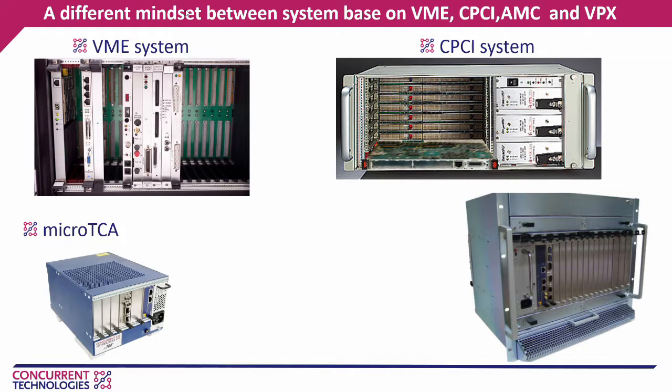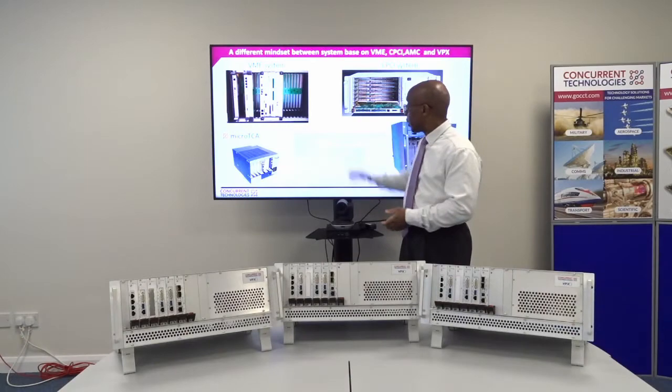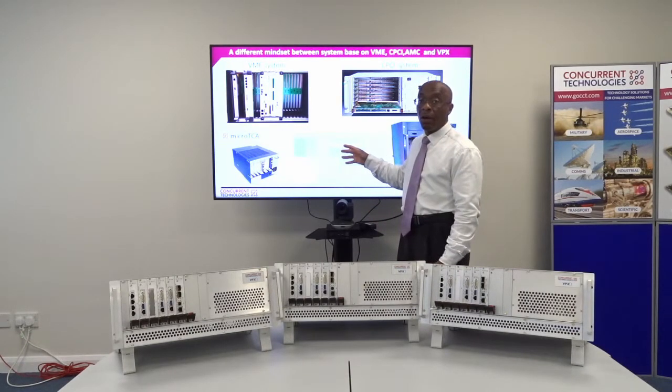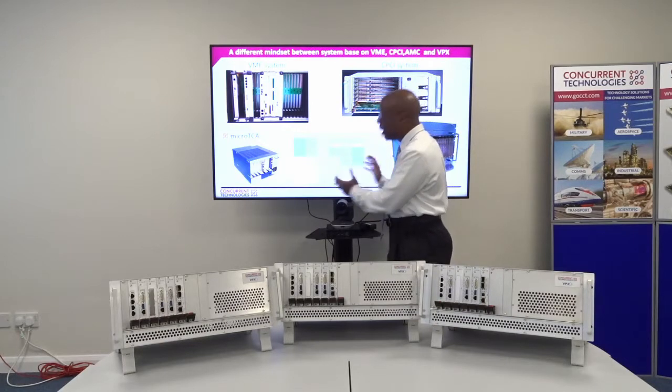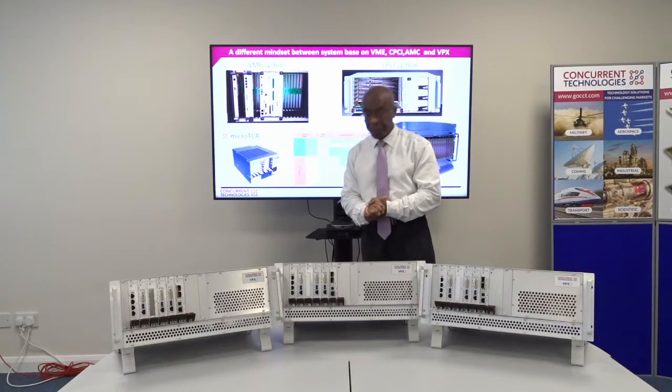Micro TCA.4 for the physics community has the addition of an RTM, a rear transition module, micro RTM, so you can also have I/O at the rear, whereas with micro TCA pretty much all the I/O were at the front. But like I said, the I/O were all predefined, which makes it a limitation, but means that it's very easy to use.